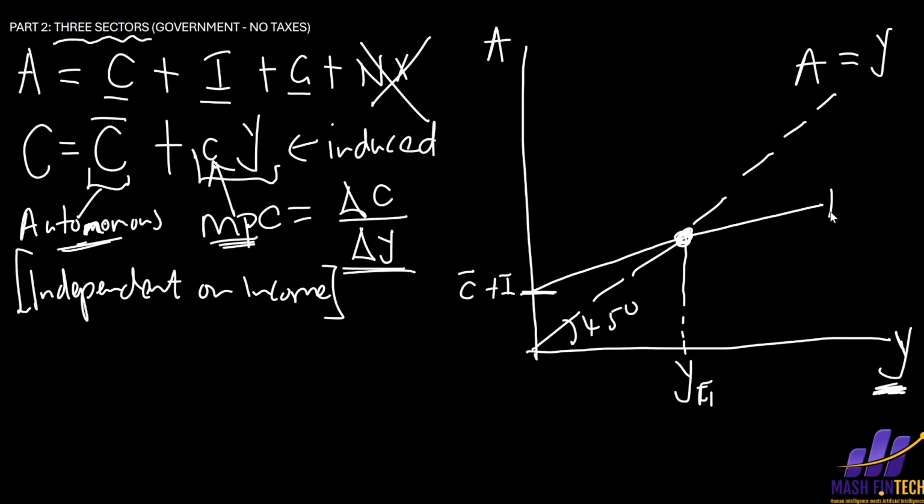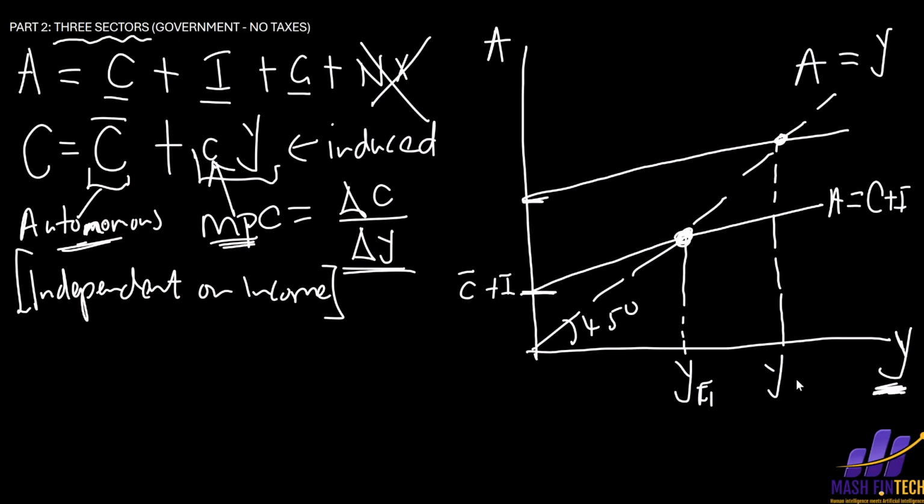So this total spending is simply consumption by households and investment by firms. With the government, the spending has to go up. You have this higher level of income. And this total spending now is not just households and firms, but we have included a government. Always this intercept is autonomous, regardless of how many sectors you have.